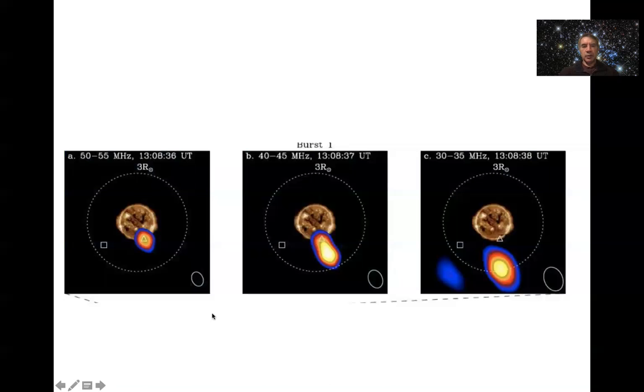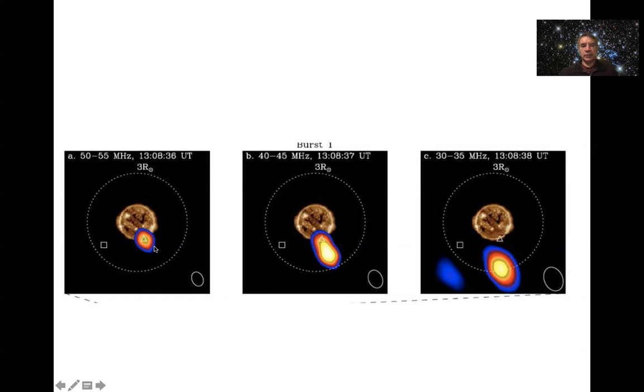So let's return to some radio pictures again of how we can use radio to trace these ejected plasma. This is a time sequence, again, pretty fast. And again, this is down at low frequencies, from the LOFAR telescope. And so you can see this blob of gas.